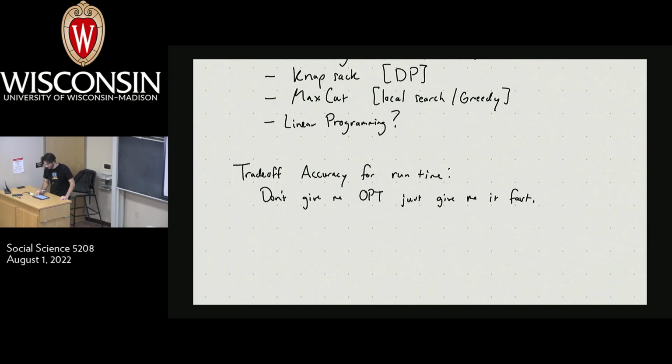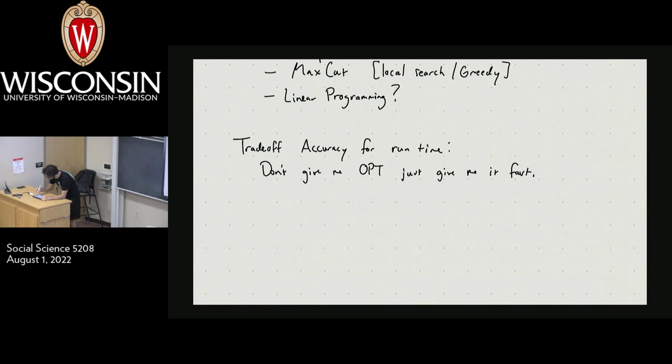So that's basically the idea. Instead of giving me something optimal, give me something that's good. We still don't want it to be really off, but make sure you can compute it fast. So something polytime. So that's the main idea.